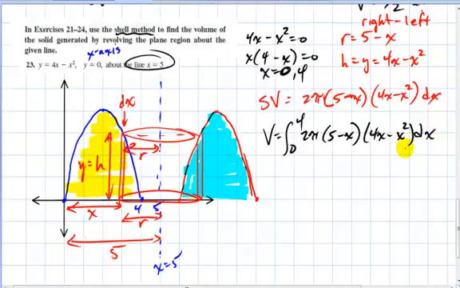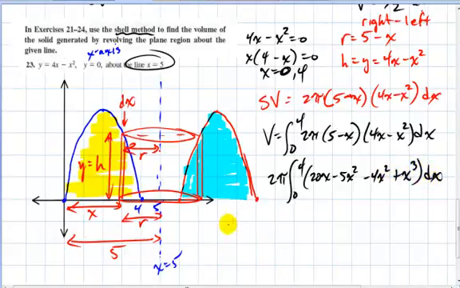And what I want to do is multiply binomials and distribute through. Let's simplify a little bit here. So we'll get 2 pi times the integral from 0 to 4 of 20x minus 5x squared minus 4x squared plus x cubed dx here.